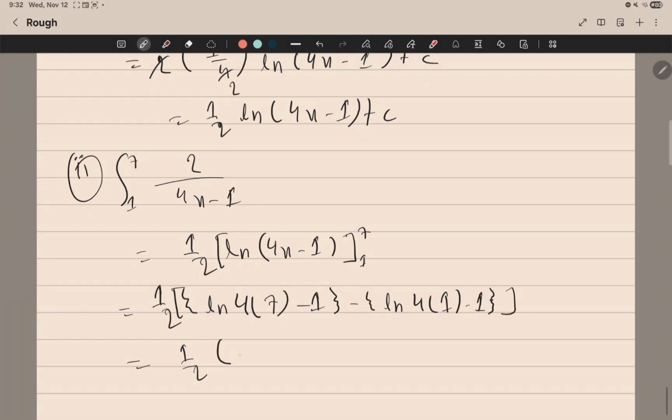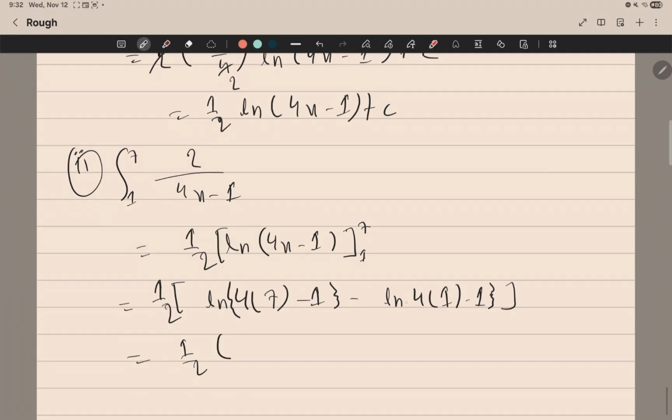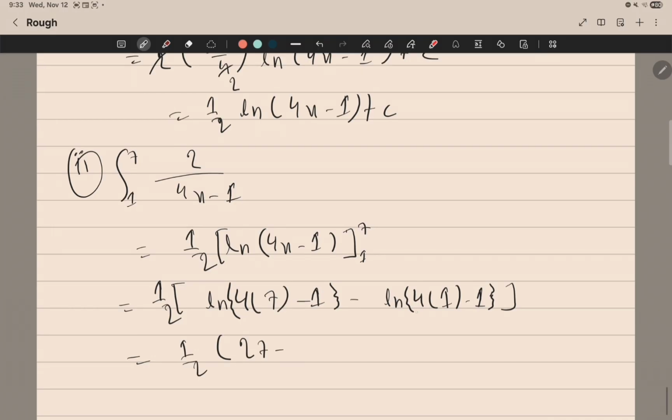Yes, sorry for the delay. It makes more sense this way. 4 times 7 is 28. 28 minus 1 is 27, and 4 minus 1 is 3.